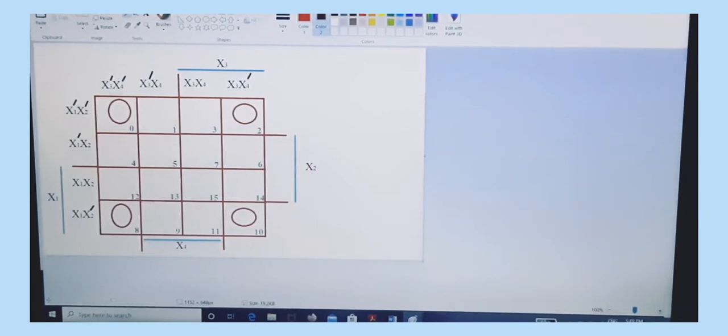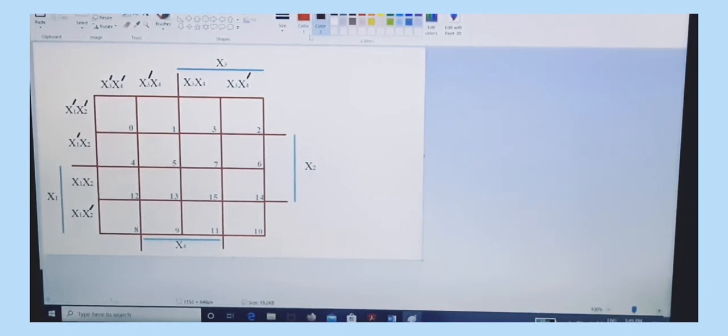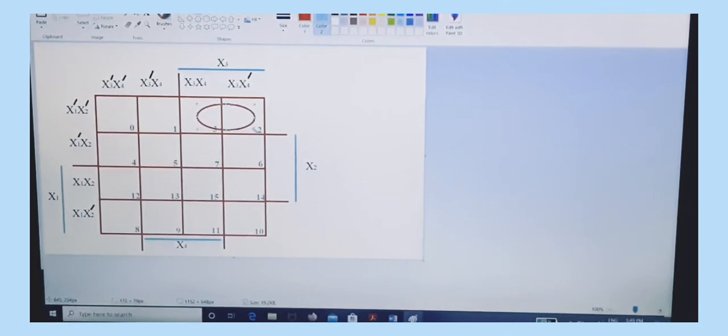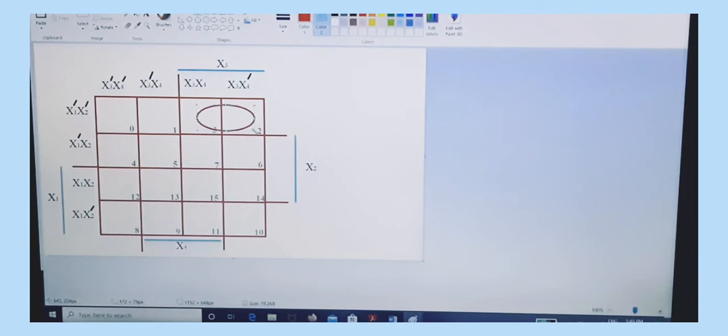Now we know how to combine these four cells. Now let us see how to combine two cells. Okay. Suppose if you have, say for example, we take these two cells. Suppose if we take these two cells, we can group them. How to get minimized Boolean expression?